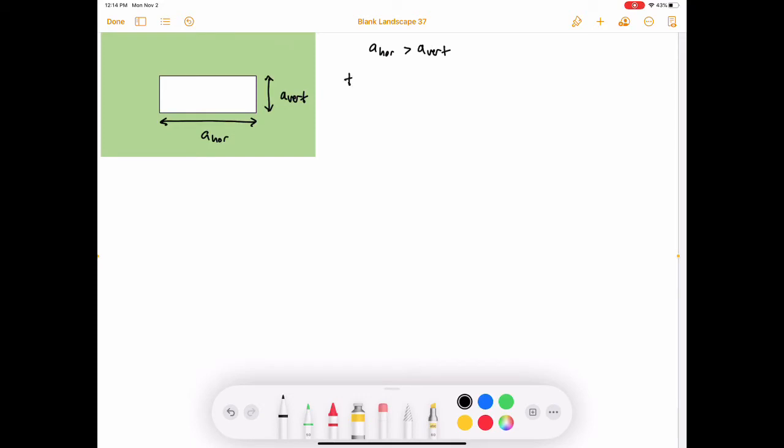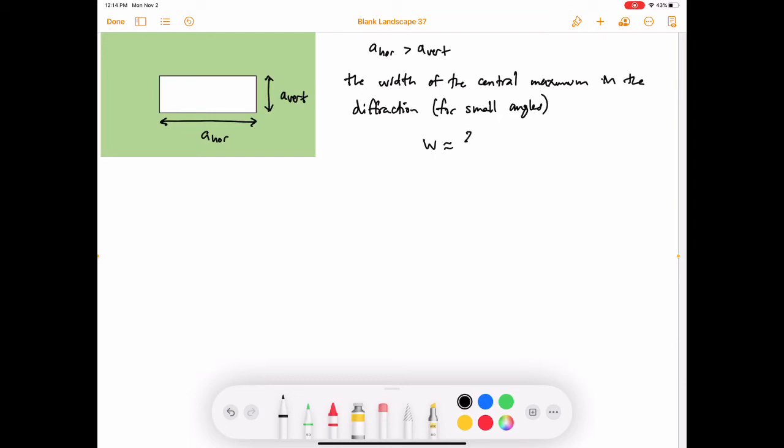Next, we'll remember that the width of the central maximum, that's the central bright spot, in the diffraction pattern, okay, as long as we have small angles, is given by W is approximately equal to 2L times lambda divided by A. And the important thing to notice here is that W is inversely proportional to A. So the narrower the slit is, the wider the diffraction pattern is going to be.